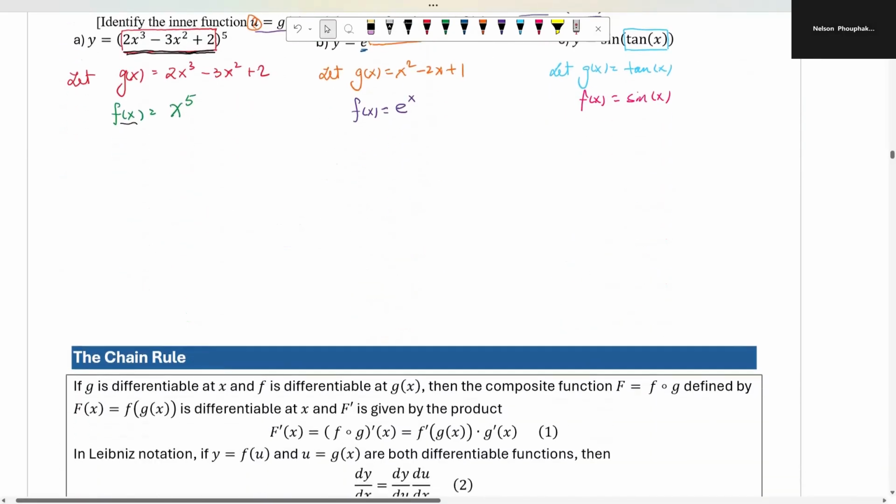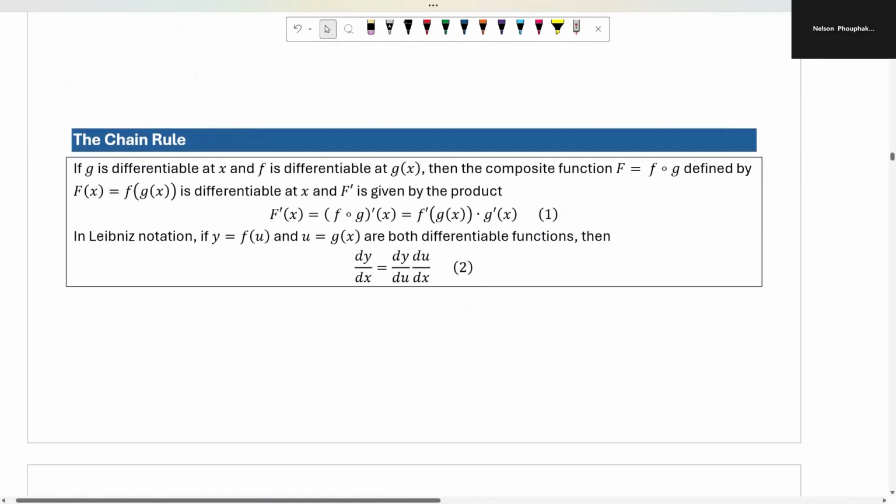Now, let us look at the chain rule. It says that if g is differentiable at x and f is differentiable at g of x, then the composite function capital F equal to f of g, denoted by F of x equal to f of g of x, is differentiable at x, and F prime is given by the product.